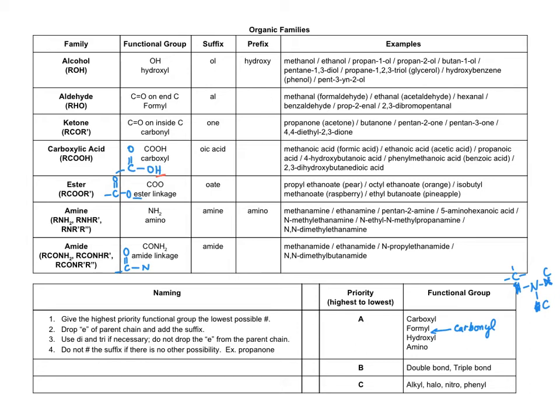So if we have multiple functional groups present, whichever functional group is highest in this list, that's what we'll use for the suffix. Everything else becomes a substituent. Okay, so that's everything you need to know about naming and drawing these families. So the rest of the video then is going to be examples.